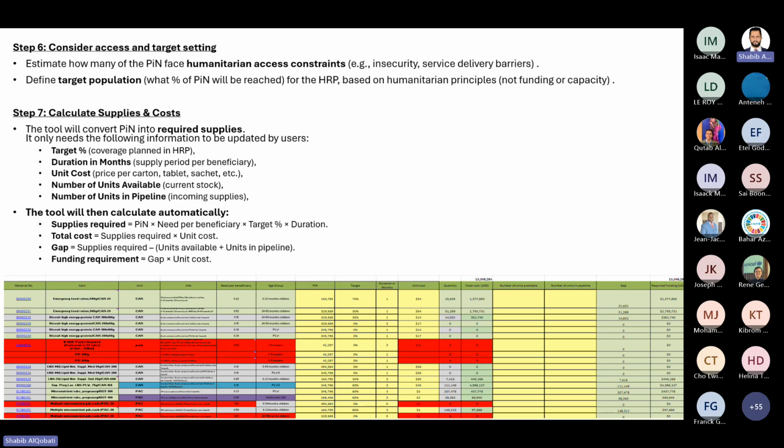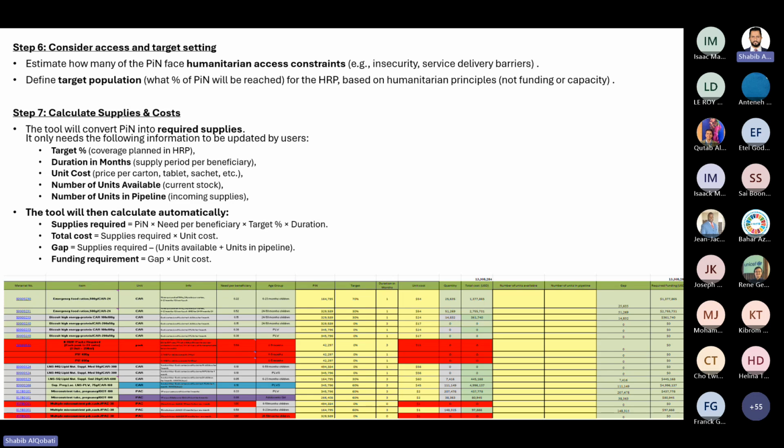Once you have the people in need and the target, the tool will support you with the supplies you need. The only information you need to enter in the supply sheet is the target. For example, if you have 100 children in need of therapeutic care, you can select the percentage, whether they are 100% or not.